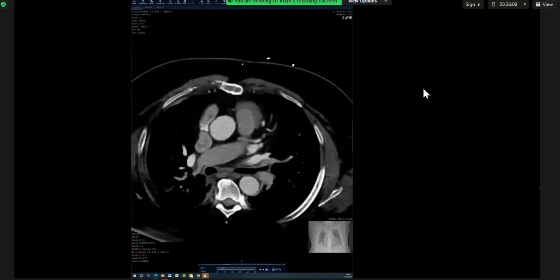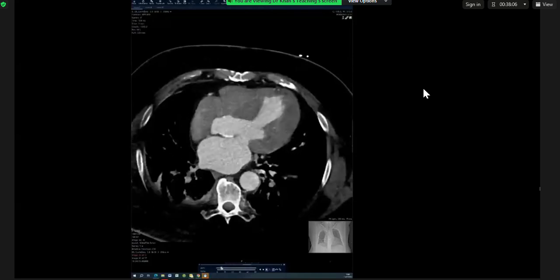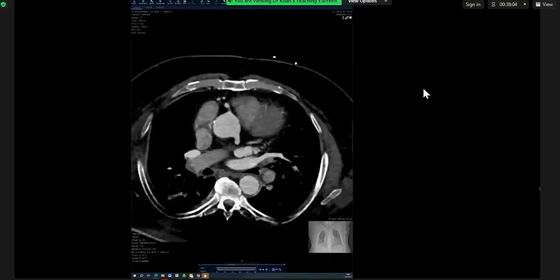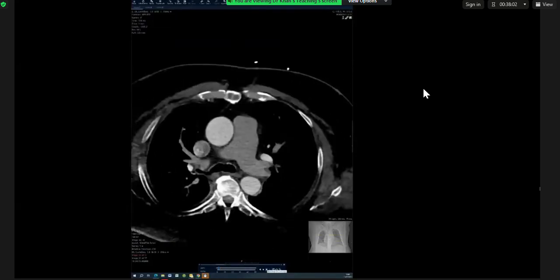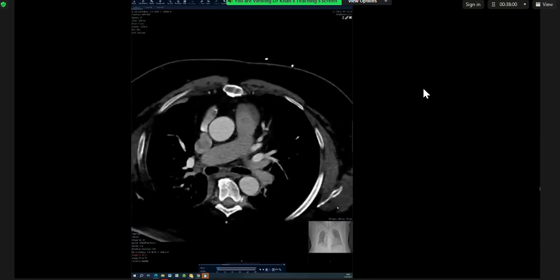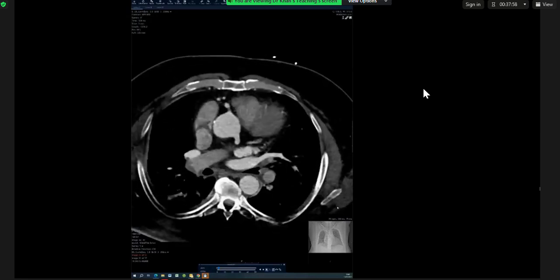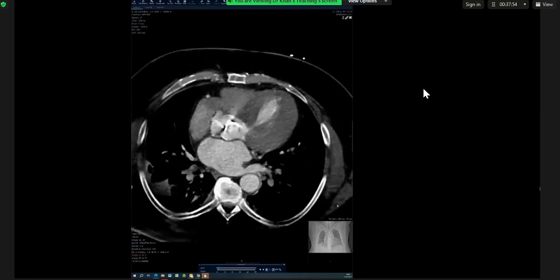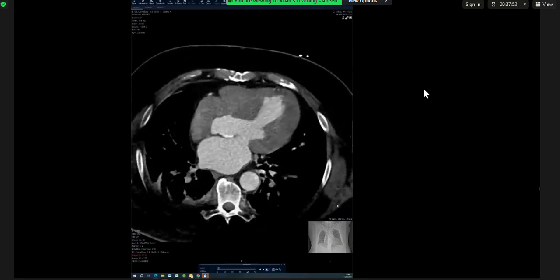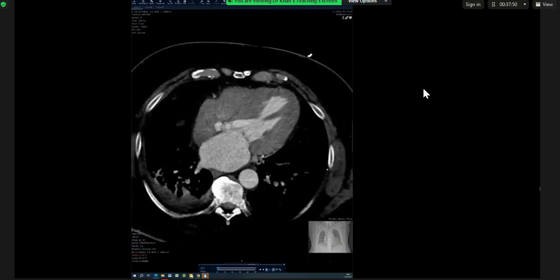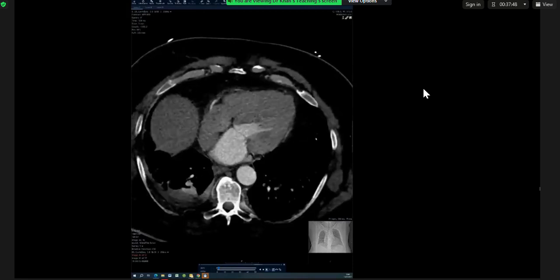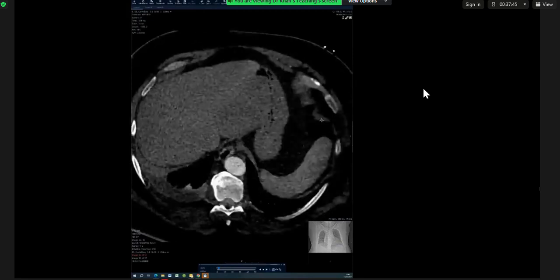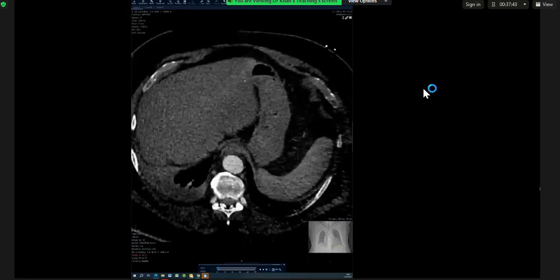I'm going to slow it down a little bit. One thing to remember is if somebody gave you a cardiac case, we must be doing well.